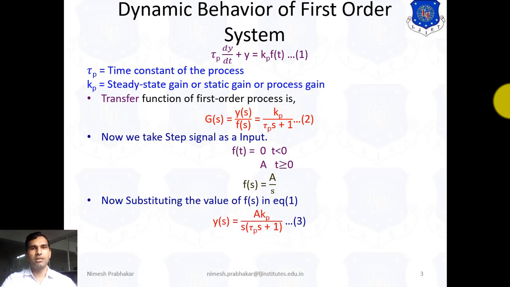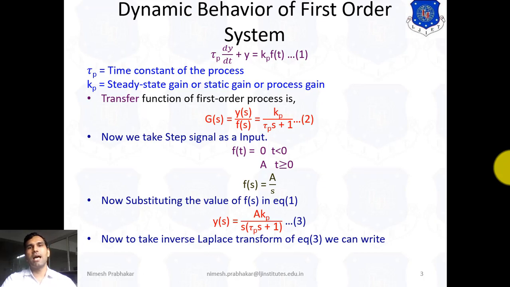we can write Y of s is equal to F of s multiplied by the transfer function. So we can write a Kp upon s tau p s plus 1, which is equation number 3.